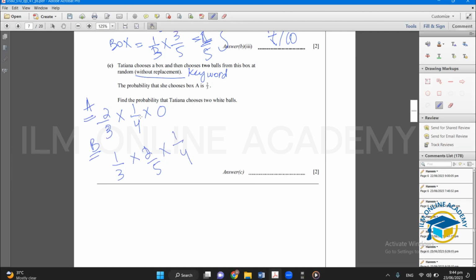The moment she takes that white ball, the total has changed. Now the total balls remaining are 4. From the 4 she can only take one white ball because only one is remaining. So we can't replace. Without replacement, the keyword itself is explaining that you can't replace one ball with another. If you have taken one ball, that's fixed. That's eliminated from the total.